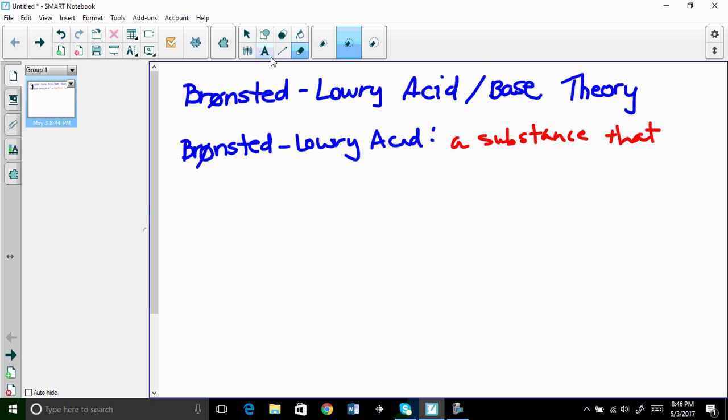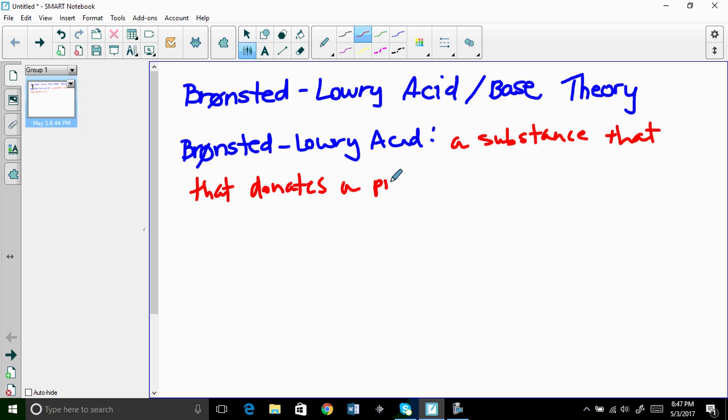But your book says a substance that donates a proton to another substance. Okay, so acids are proton donors.